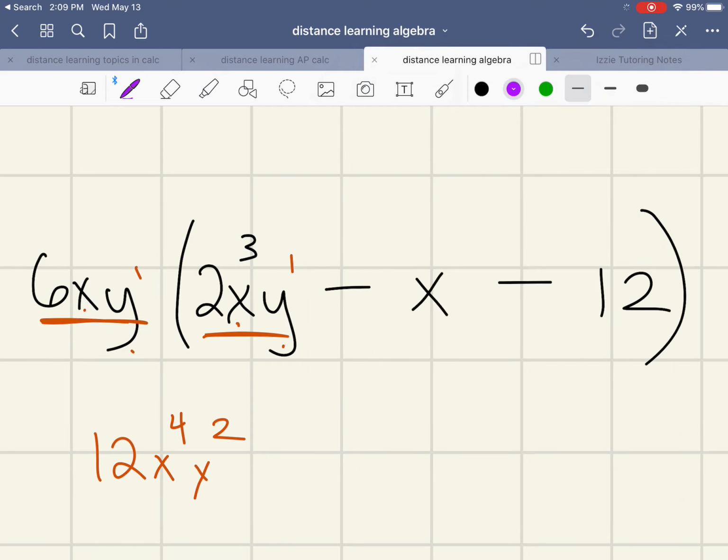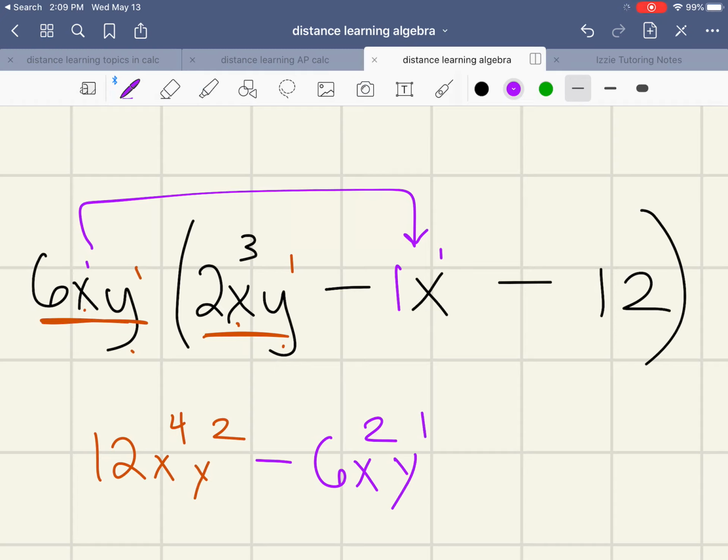Next piece. Negative 1x times the 6xy is going to be negative 6. X goes to 1 plus 1 is 2, and the y stays y to the first. Don't really need that 1. I'll leave it there for now.